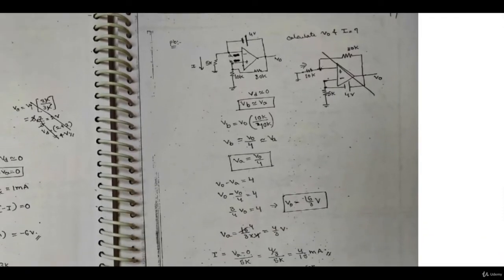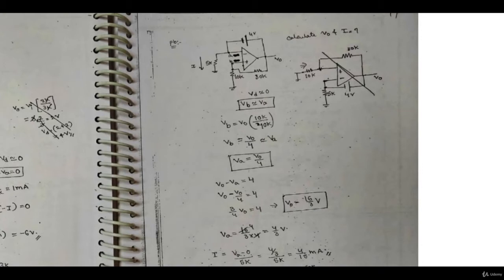Here you can see a 5 kilo ohm resistor, I is the current flowing through this, a 10 kilo ohm resistor, a 30 kilo ohm resistor, connected in this fashion, and this is 4 volt, this with respect to this. Now you have to calculate the value of I as well as the value of V0.